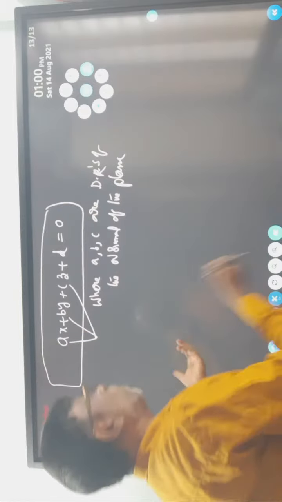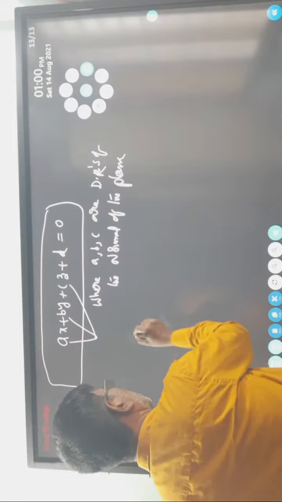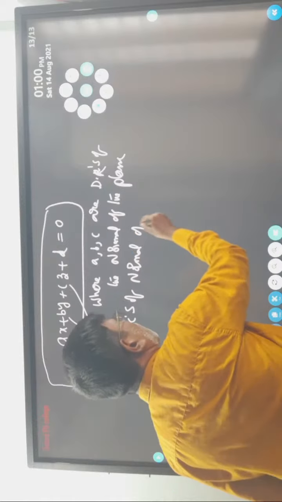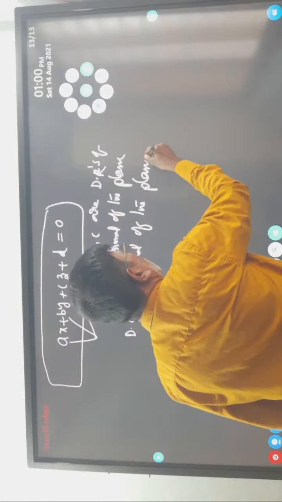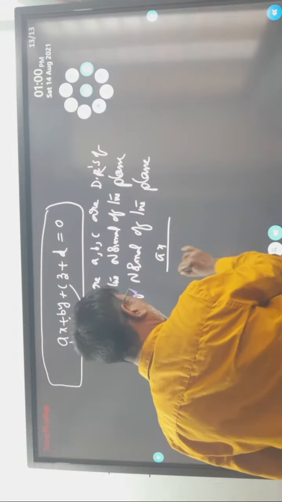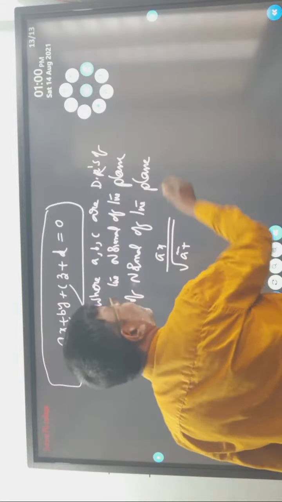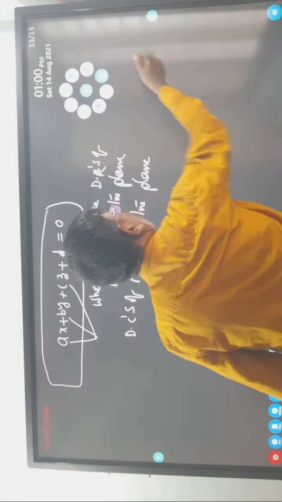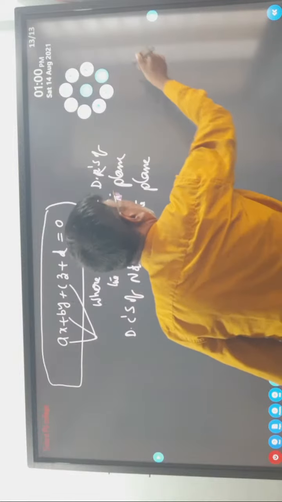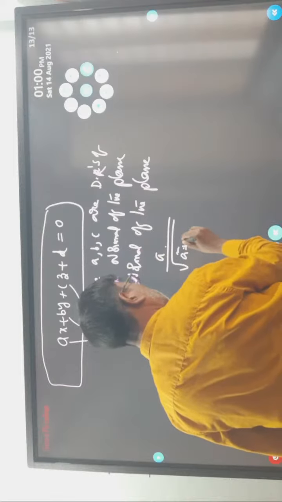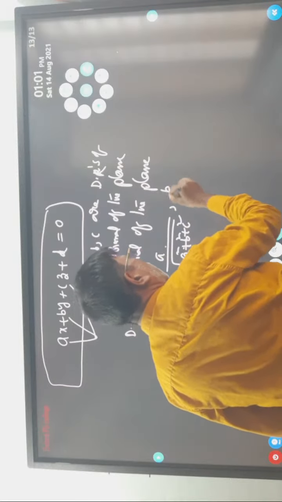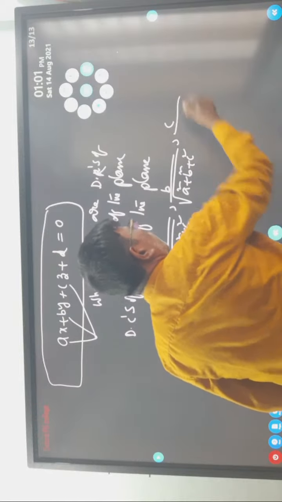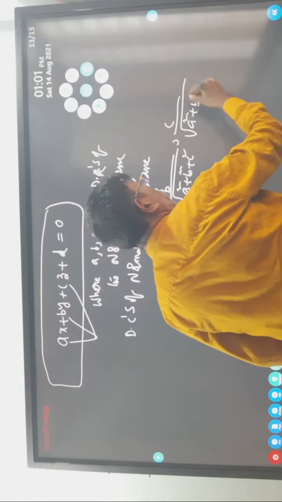Suppose you want the DCs of the normal of the plane. We know directly that the DCs are a by root of a square plus b square plus c square, b by root of a square plus b square plus c square, c by root of a square plus b square plus c square.